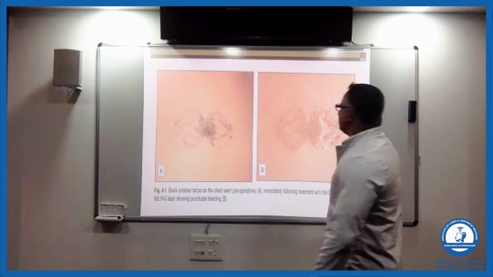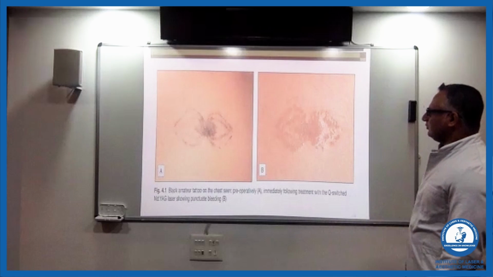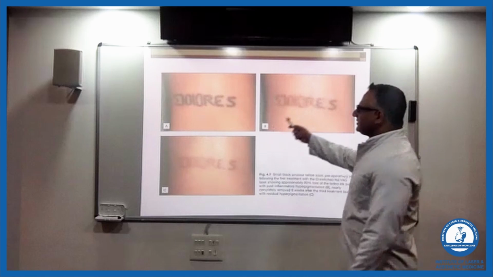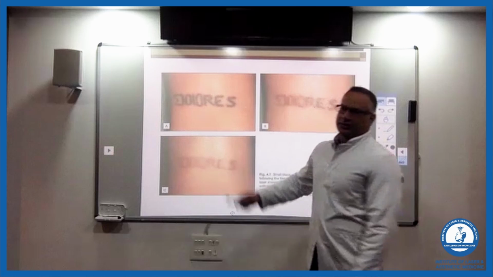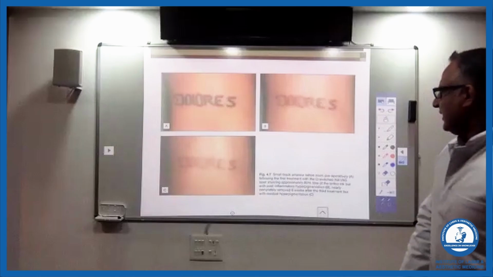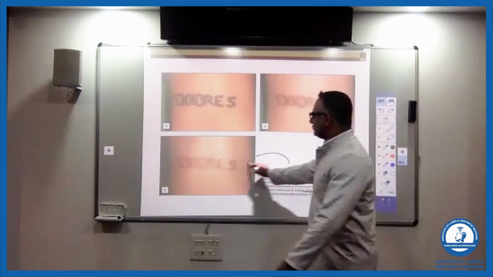All right, so let's say the one situation is an amateur tattoo, immediately after a Q switch laser and so on. In this slide, if you see, the pigment has gone. Actually, 3 sessions of Q switch 1064 have been done, and this is the last session, 6 weeks after the third treatment. This is what you see.